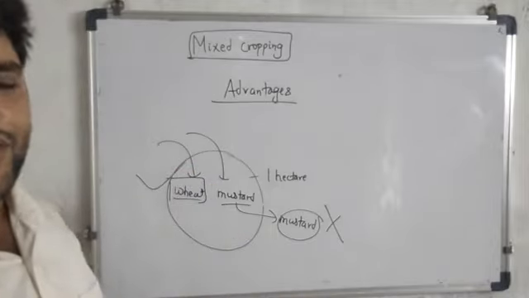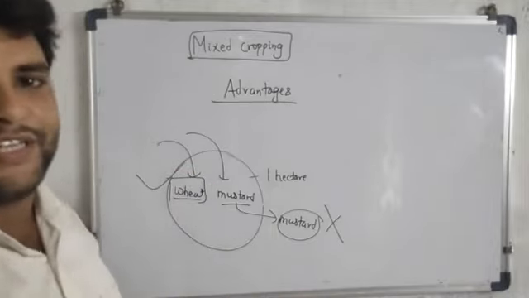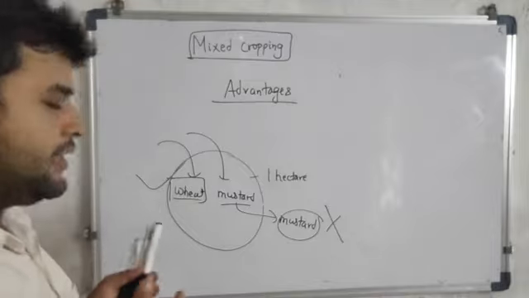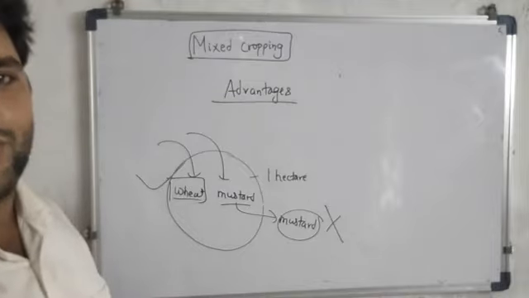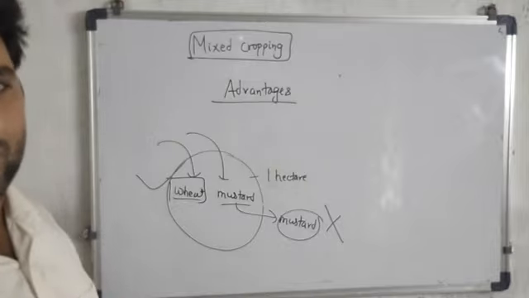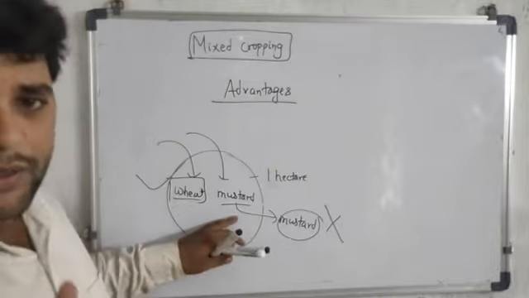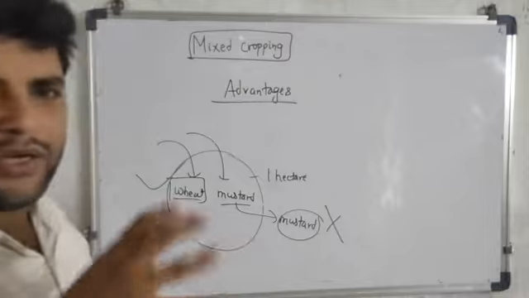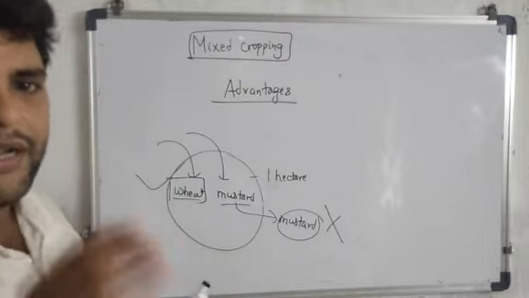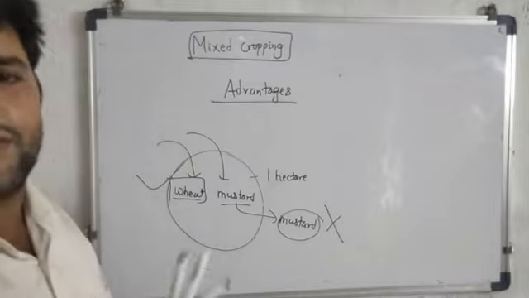In that condition, whenever you are cultivating two crops at the same time, if one crop fails, then another crop is there, so there will be no such effects seen on the wheat, because the pest which usually harms the mustard is different, and the pest which usually harms the wheat is different.